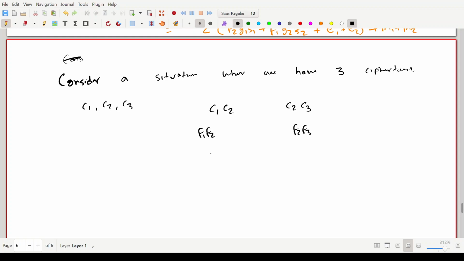So with this, can we find a joint secret key for C1, C2 plus C2, C3? What will be the joint secret key here? Because for this I am having F1, F2, for this I am having F2, F3. So if I combine both the ciphertexts, what is the joint secret key for this? That is the question.